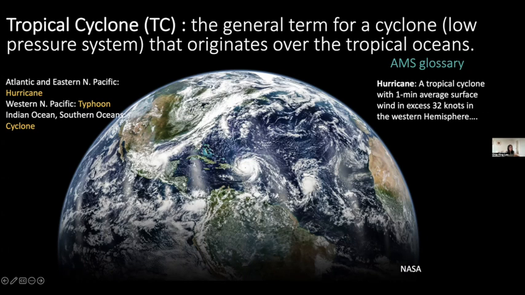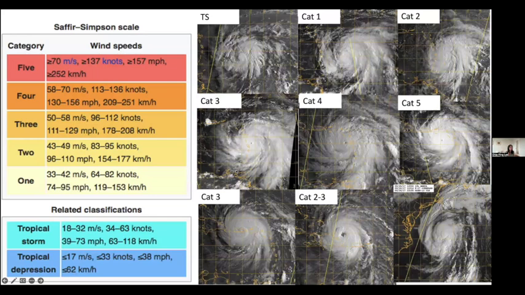Now, here we see in this image, there are two hurricanes in the system. You can probably tell me which one is stronger and which one is weaker by just looking at the satellite image. That's because hurricane intensity can sometimes be detected from the satellite.